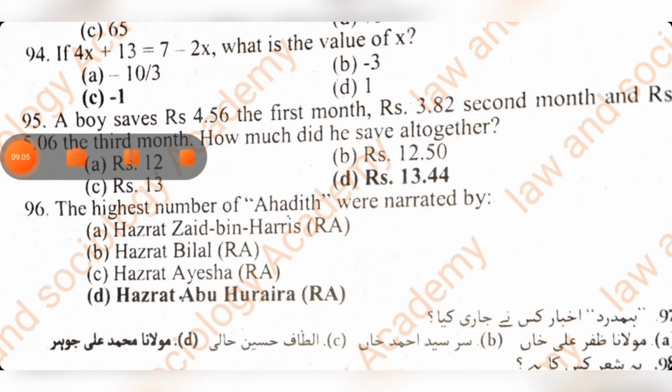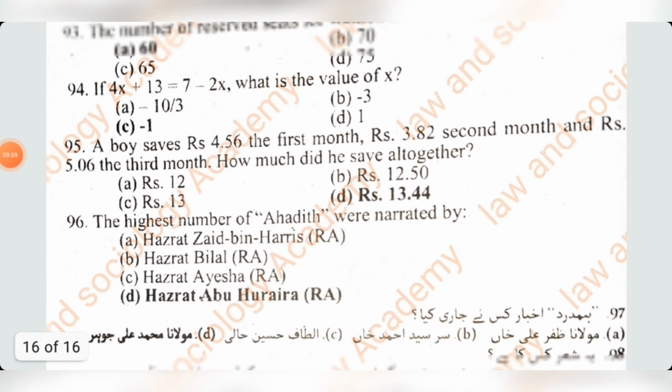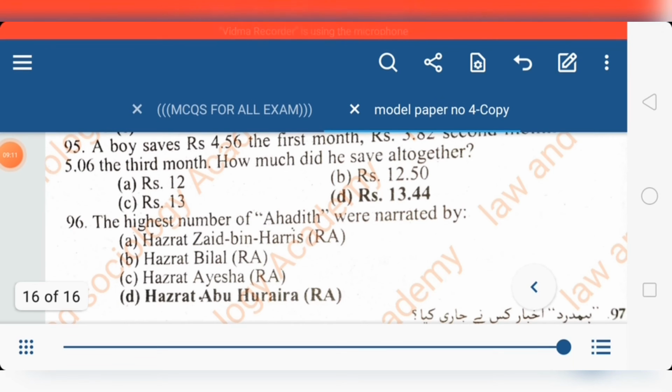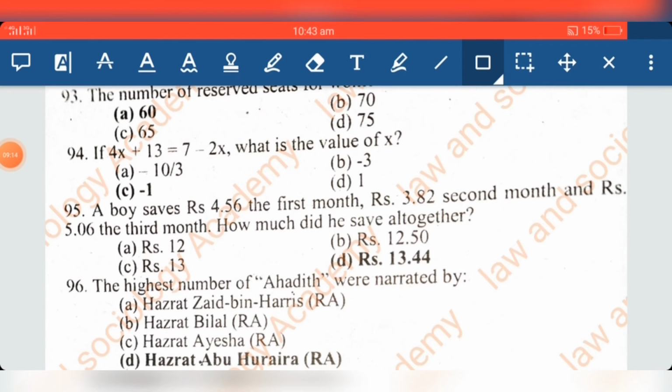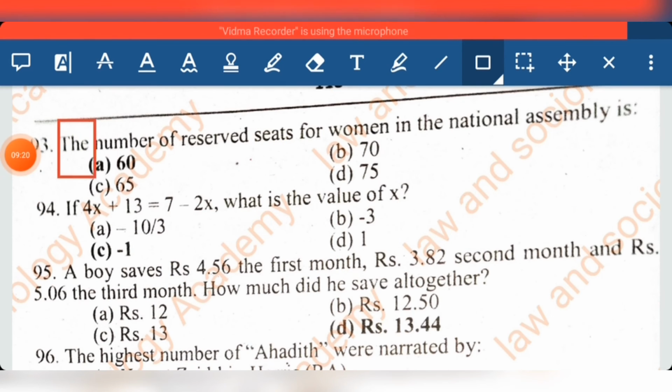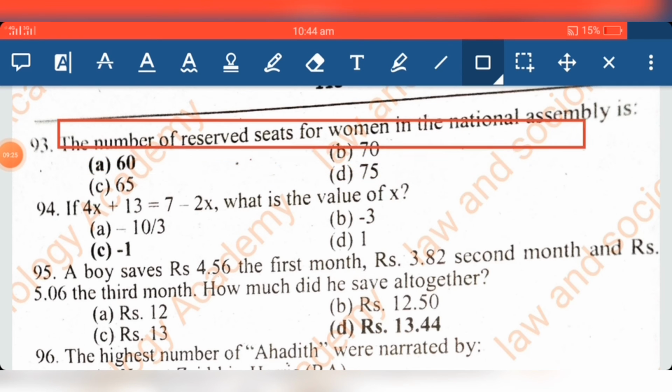So let's move to the next one. Number 93, and the number of reserved seats for women in the National Assembly is 60.